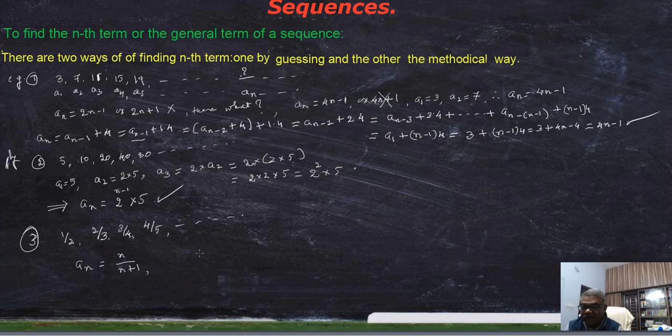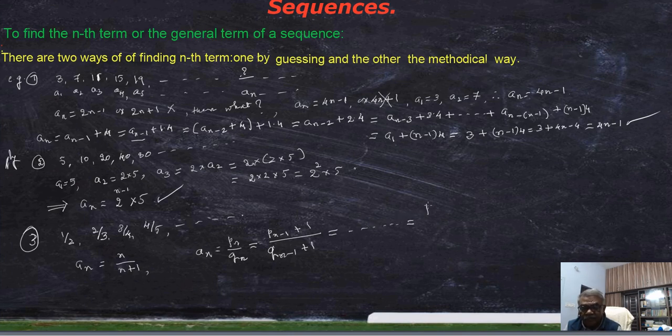In a similar way, in a methodical way, I can write down that an is equal to Pn by Qn, and this is obtained from the previous fraction by adding 1 to the numerator and 1 to the denominator. Like this you can go on doing so.